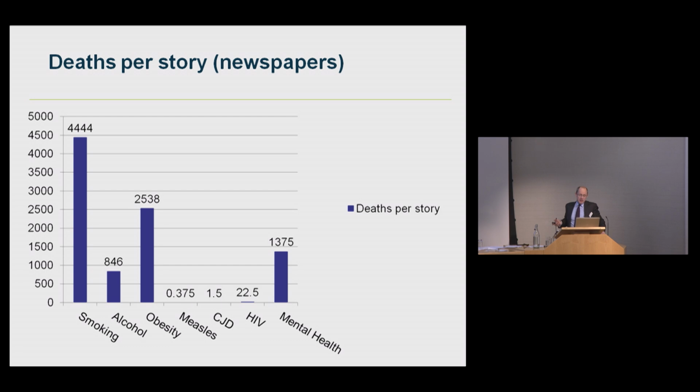This shows how many deaths from different causes there need to be before you get a story in the newspapers. You need 4,444 from smoking, 846 from alcohol, 2,500 from obesity, nearly 1,400 from mental health, 0.375 of a death from measles, 1.5 from human variant CJD, and 22.5 from HIV.